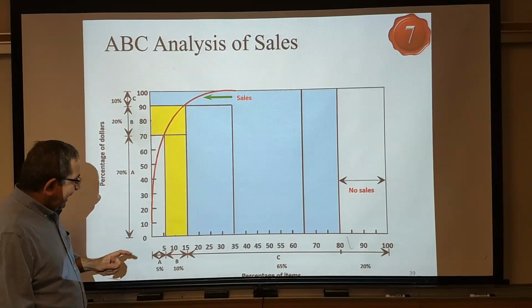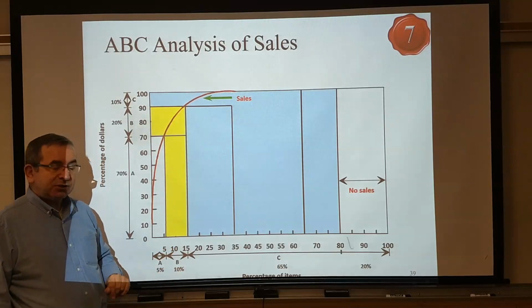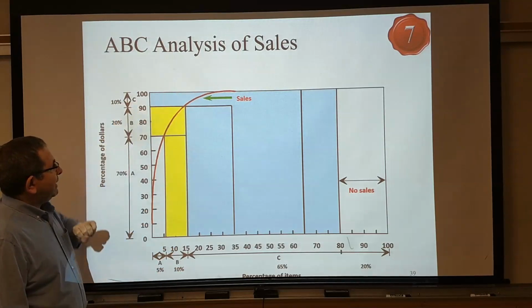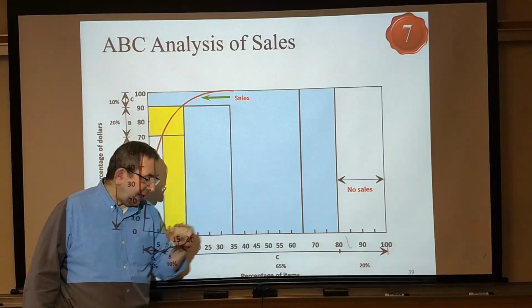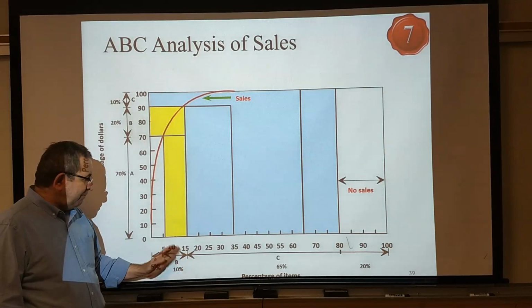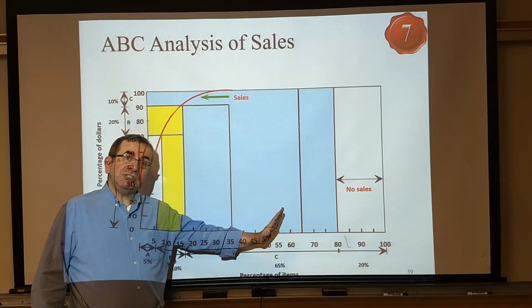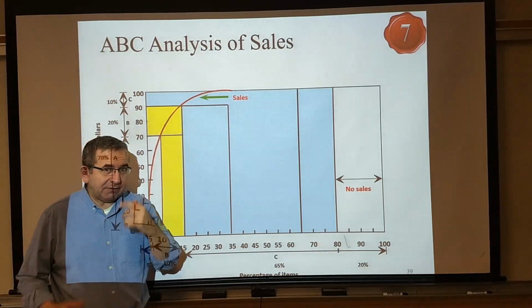Then the next best-selling 10% of items generate an additional 20%, and the remaining 85% generate only 10% of the revenue.